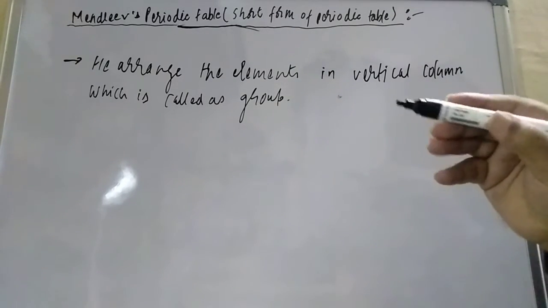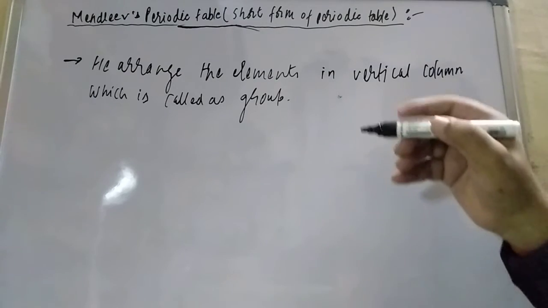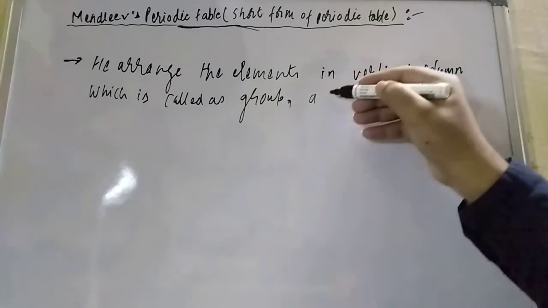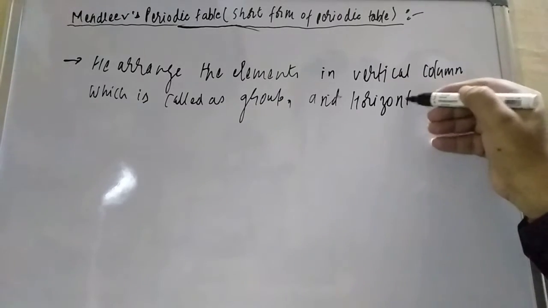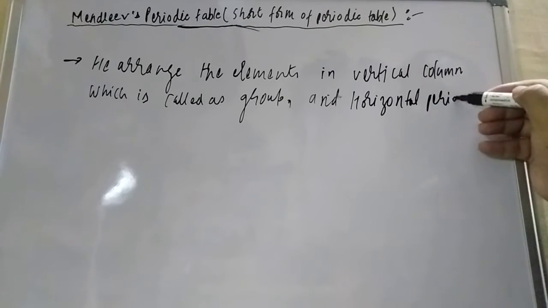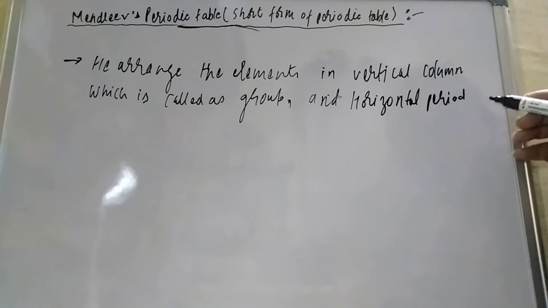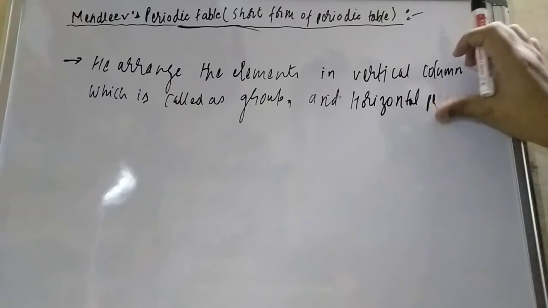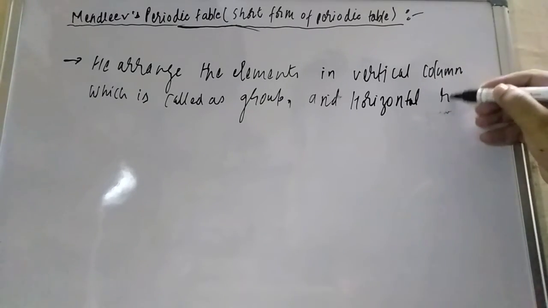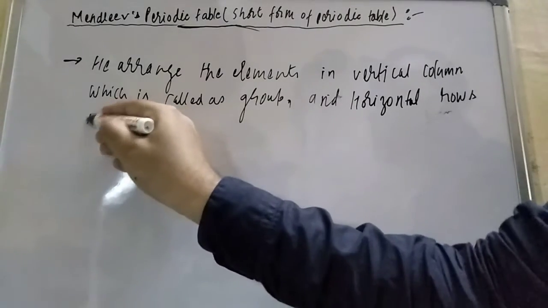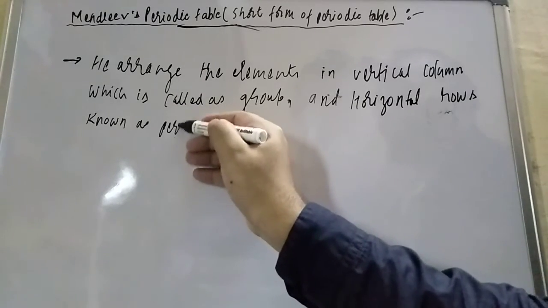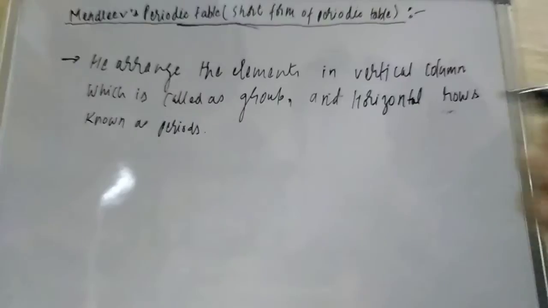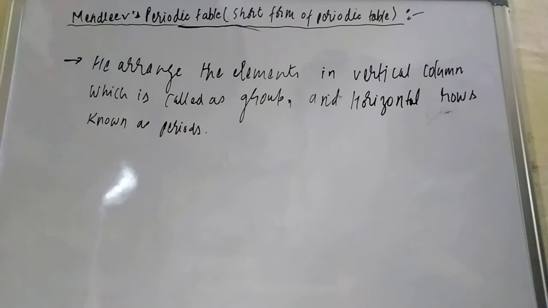This is the first thing. He also arranged them in horizontal rows, known as periods. What we have to understand is how many groups and how many periods there are.